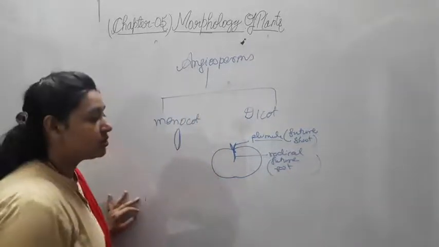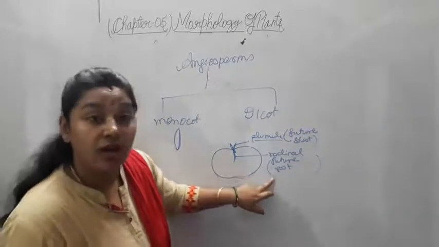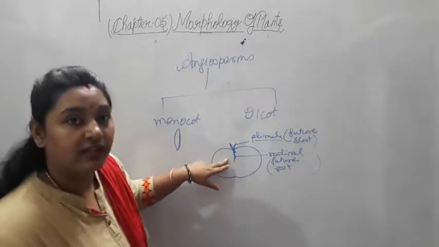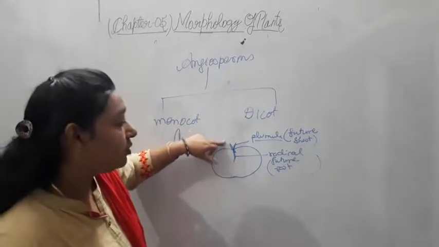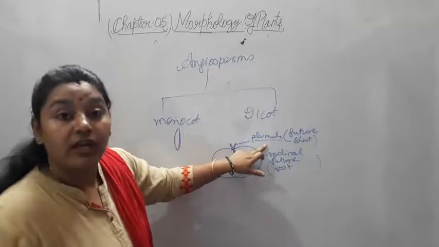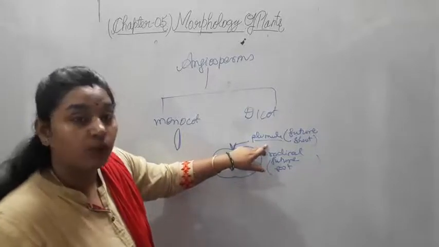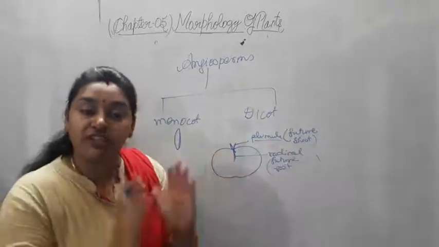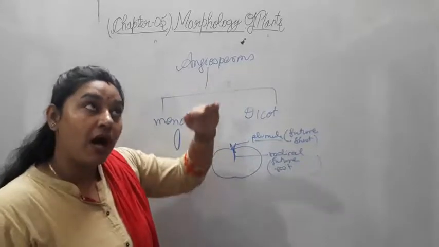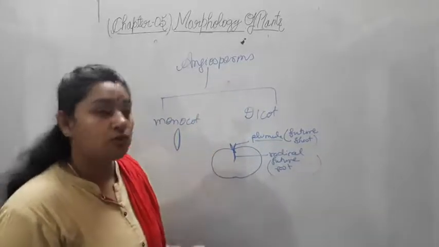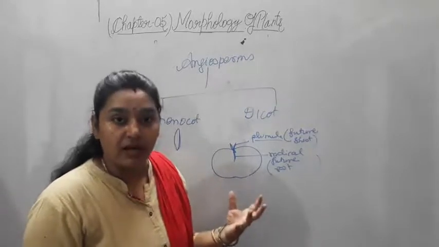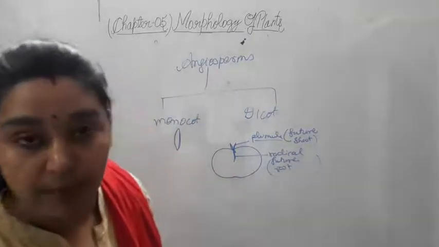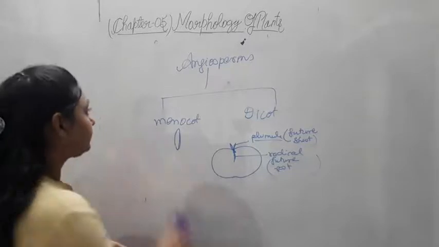That's why I said that roots originate from the radicle, not from the plumule, because the plumule will give rise to the shoot, which will further develop into the upper part of the plant, the green part, which is going to be the uppermost part of the plant.